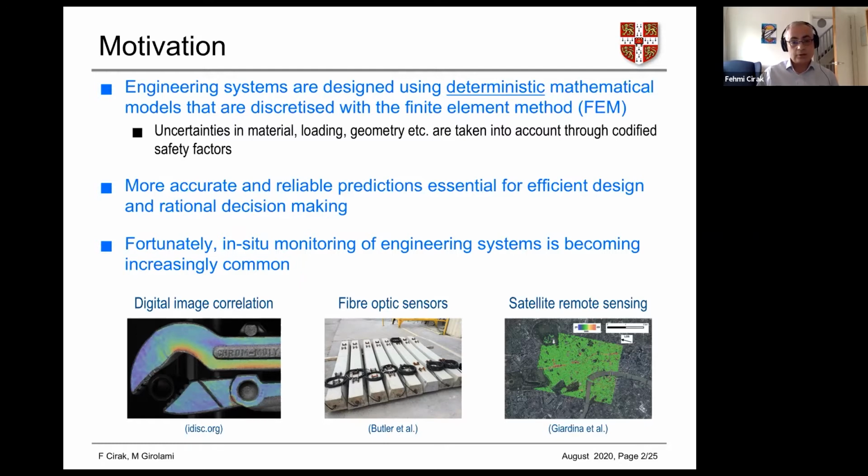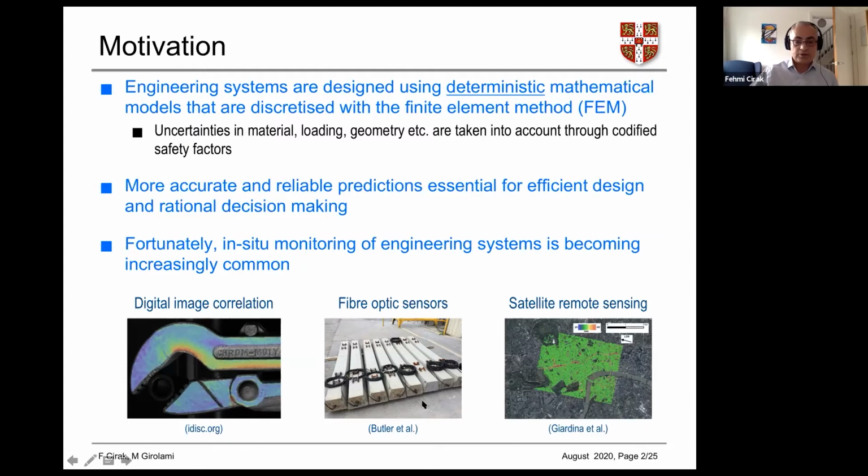In order to do that, fortunately, we have more and more in situ monitoring data of engineering systems, like the ones collected by CSIC, which enable us to capture uncertainties in a real structure. So I have included here a few examples. These are obviously not my examples. I mean, we do just computations. We don't do experiments. The first picture on the left, you can see a spanner, and overlaid on that, you can see in color the measured strains obtained with digital image correlation.